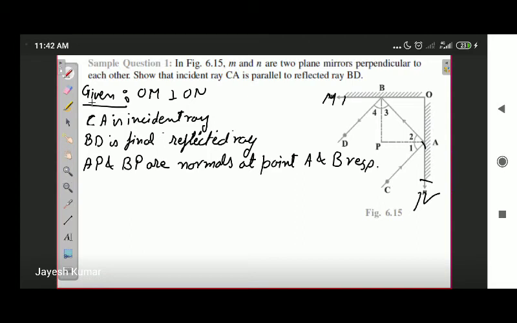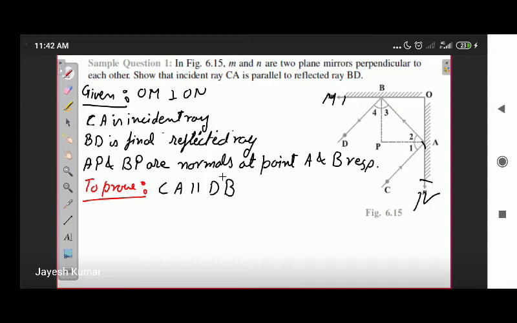Next we have to write down the proof. What do we have to prove here? We have to prove that the initial incident ray and the final reflected ray are both parallel to each other. So as we have discussed earlier, in order to prove any pair of lines as parallel lines, we prove any one of three things.